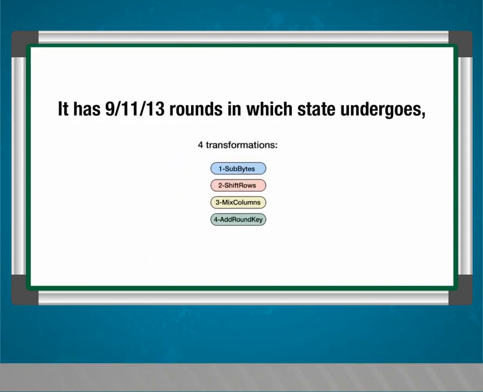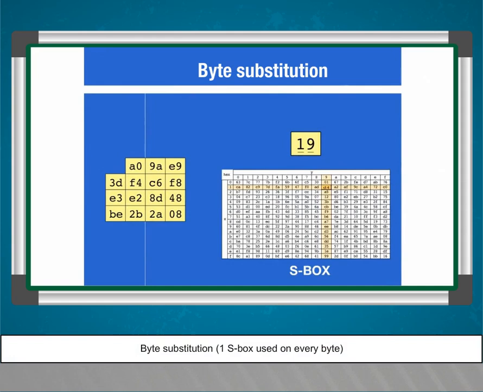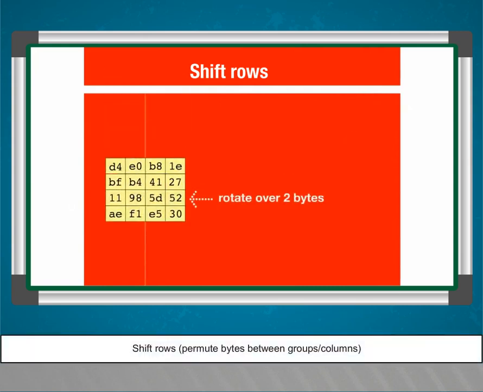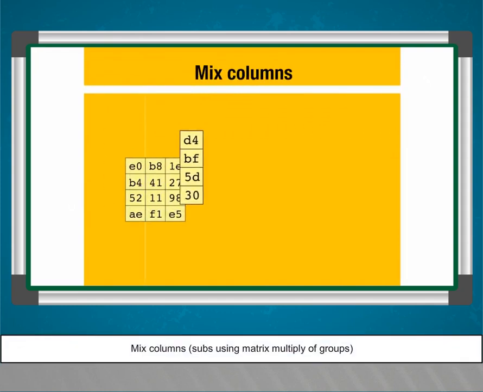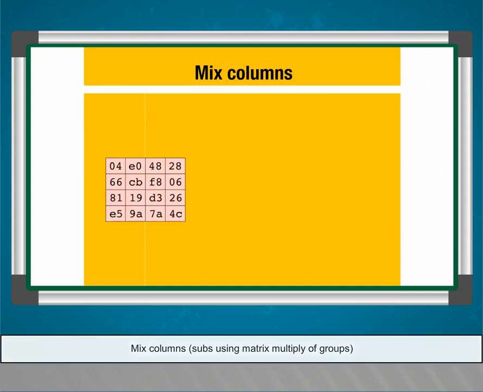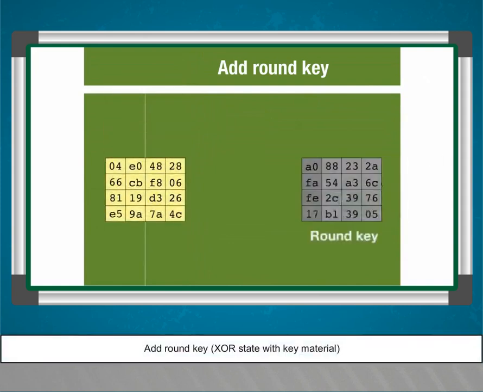It has 10, 12 or 14 rounds in which state undergoes byte substitution, an S-box used on every byte; shift rows, permute bytes between groups or columns; mix columns, substitution using matrix multiply of groups; and add round key, XOR state with key material.